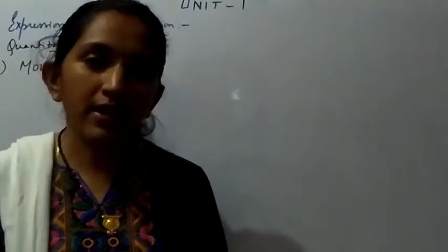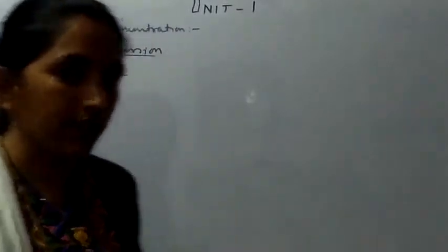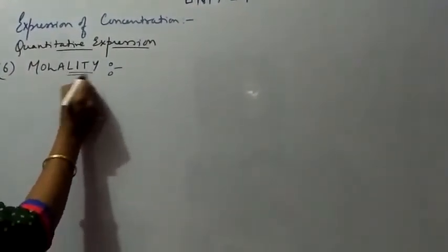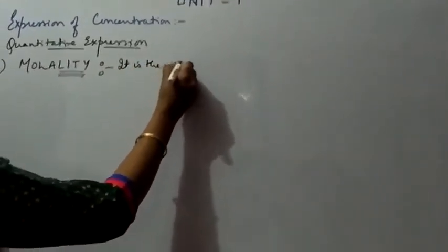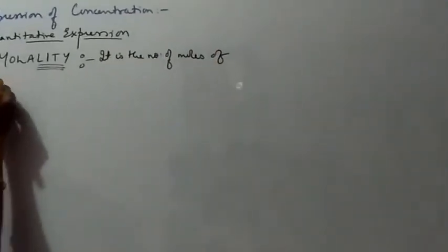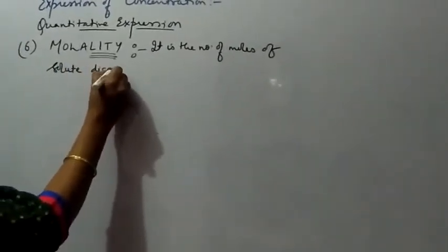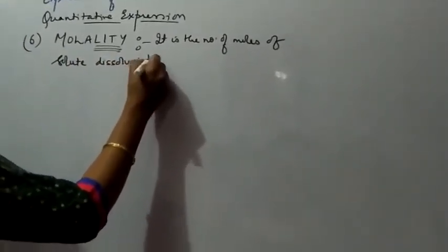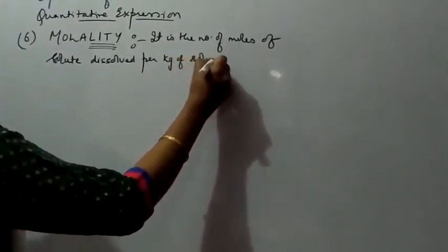Now after molarity, we have the next term of expression, that is the molality, right? Here we have molality. Now it is the number of moles of solute dissolved per kg of solvent.